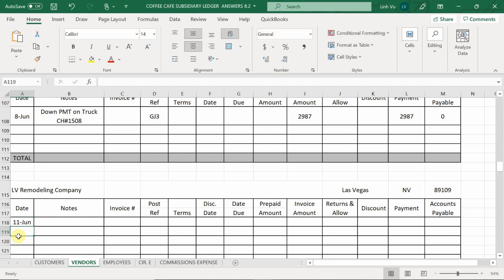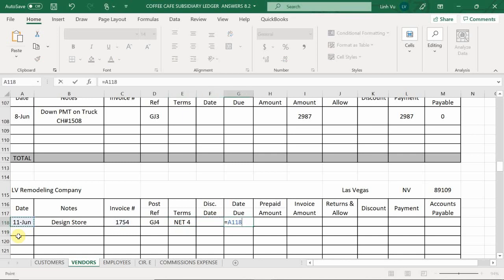So get your LB Remodeling Company, right? Remodeling the store. Design store. 1,754. And on page number 4. And the terms are net 4. So because it's net 4, there's no discount due date. But when is the bill actually due? Due on the 15th.